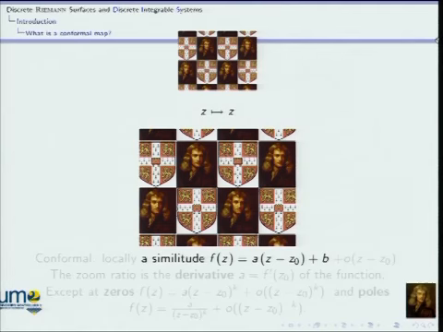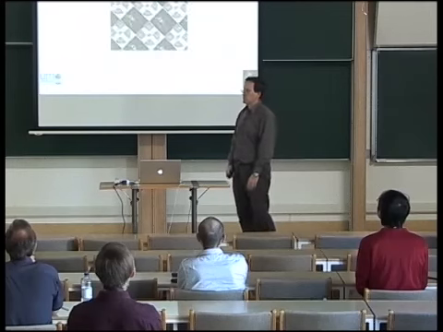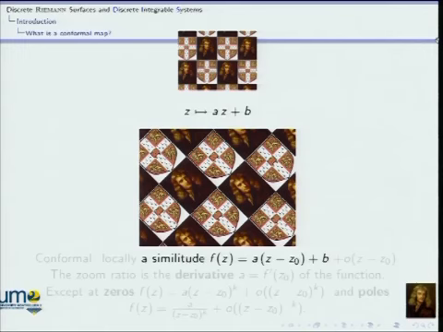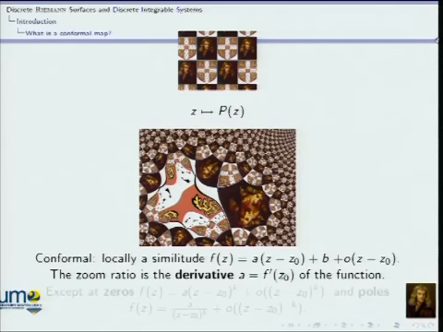So here is the identity. The identity is a holomorphic function, and the next step are similitudes, where you have translations, rotations, and homotheties. A holomorphic function is locally a similitude, and the zoom factor is called the derivative of the function.